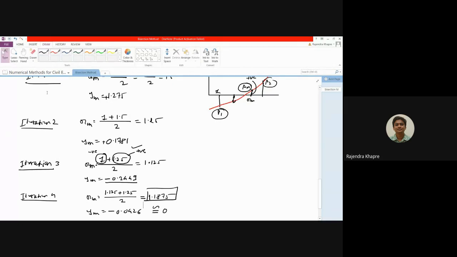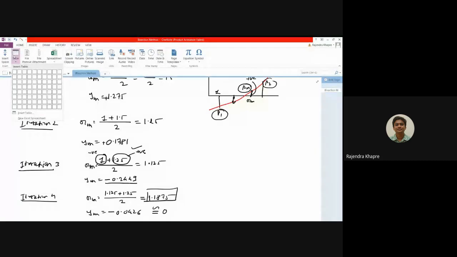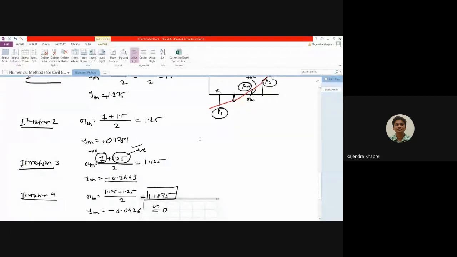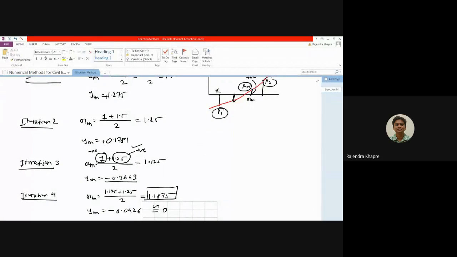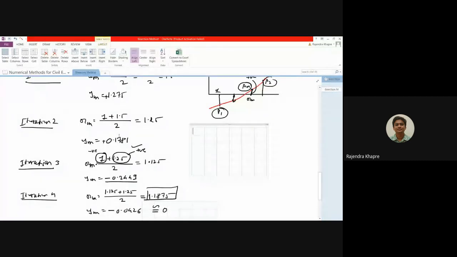Let me draw a table so that it will be understood easily. I will need something like 4, 5, 6 columns over here. So here I'll say simply x1, y1, x2, y2, and xm and ym over here.